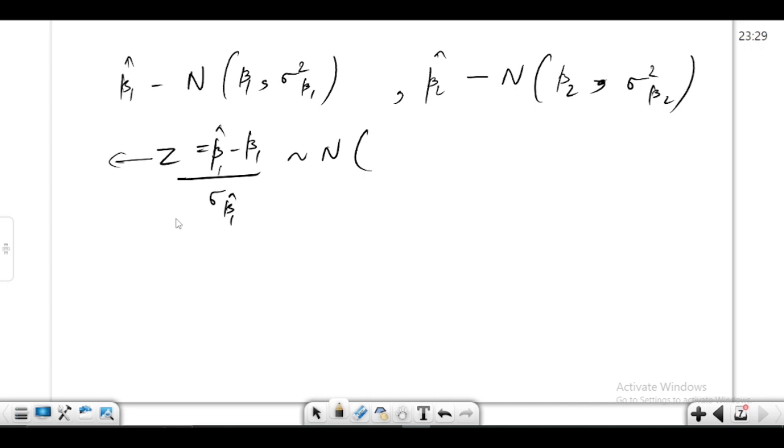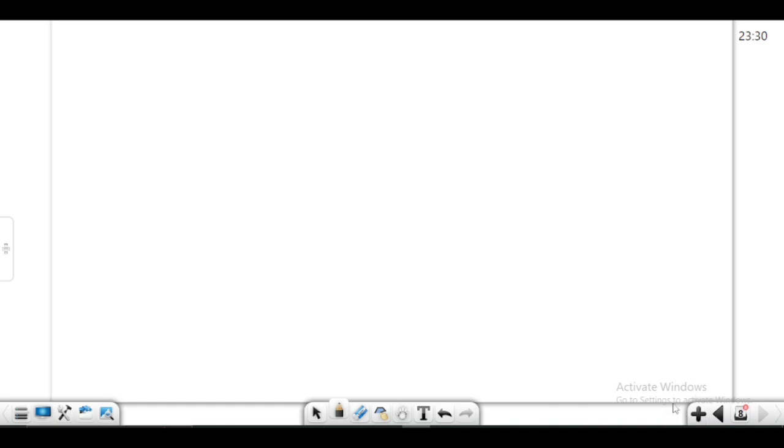So the z statistic measures that value, and it also follows a normal distribution.